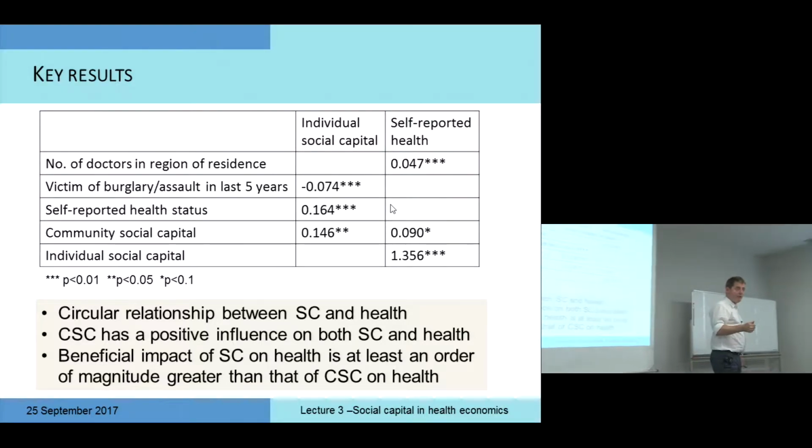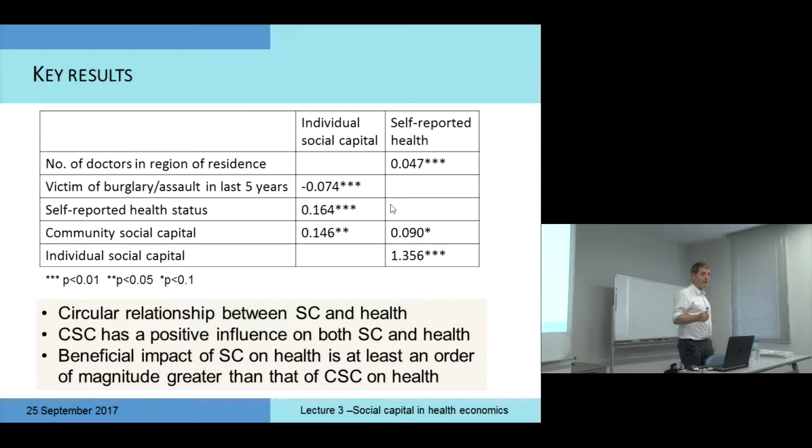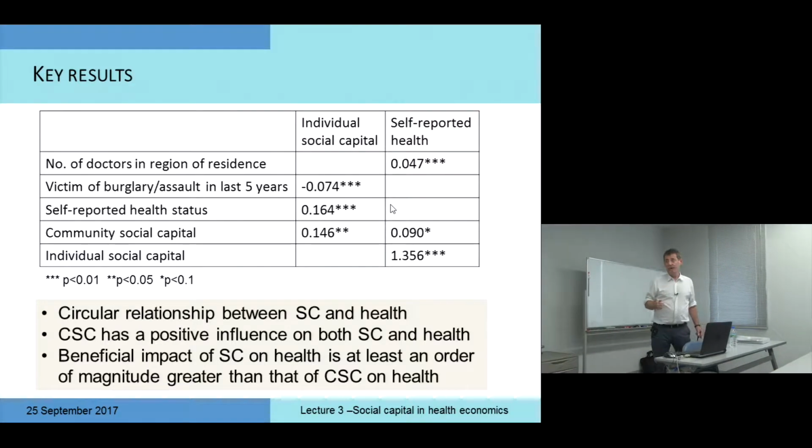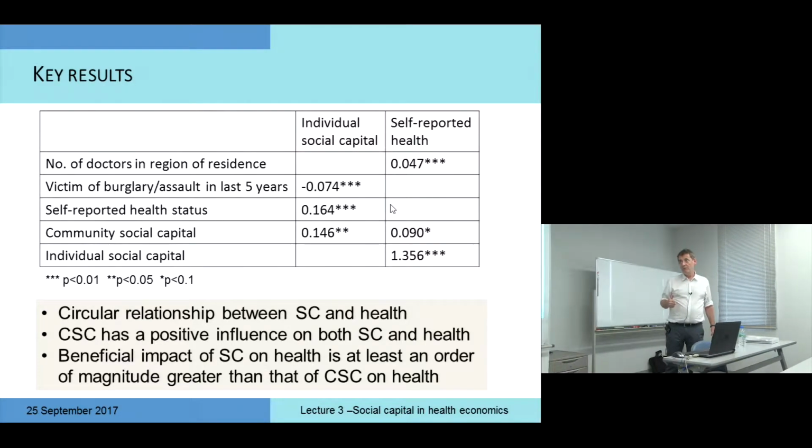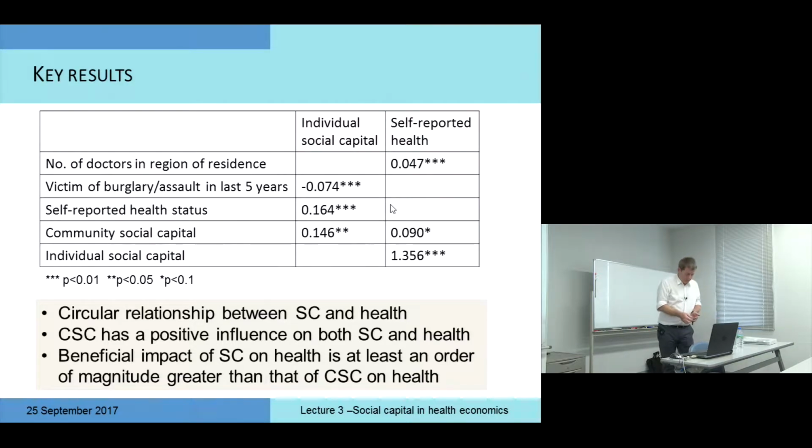Now, of course, that might be relevant for policy purposes in that it becomes possibly more important to work on somebody's individual social capital and not quite so important for community social capital. So that's quite an interesting study, and that was the one I wanted to finish with.